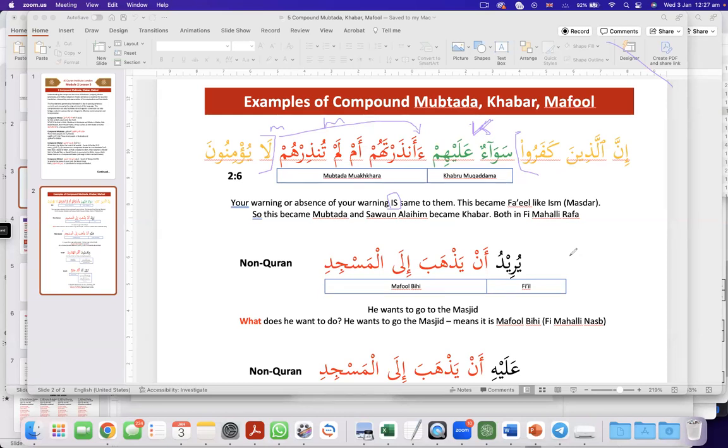So an yadhhaba means to go. So he wants to go. Ilal masjidi is attached to yadhhaba, to the masjid, to the mosque. He wants to go to the mosque. That's the meaning. So yuridu, according to our broad grammatical definition, fi'l, fa'il, then maf'ul will come. So an yadhhaba ilal masjidi is a maf'ul bihi compound.